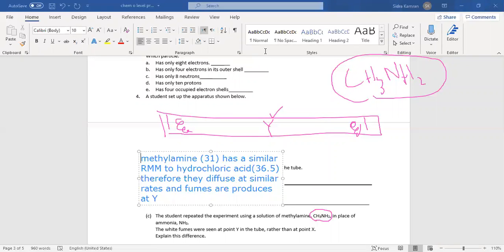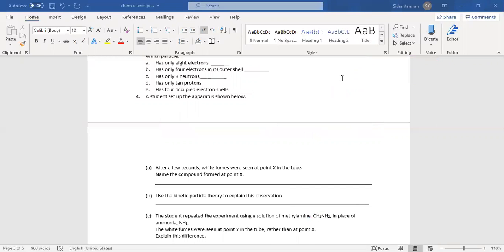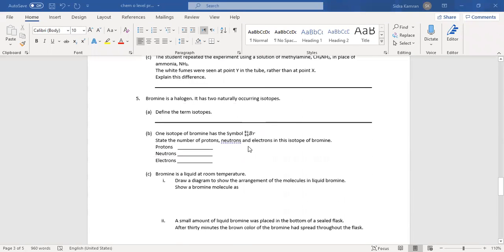Next, we have question number 5. Bromine is a halogen. As we all know, bromine is related to group number 7 of the periodic table, and all the elements of group 7A are halogens. Bromine having two naturally occurring isotopes. Define the term isotope. So what is an isotope?